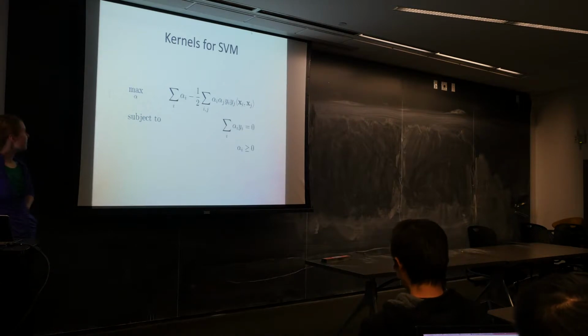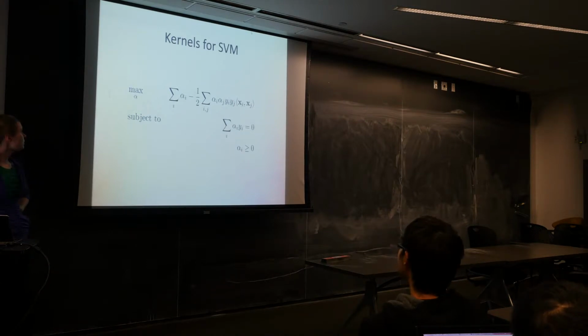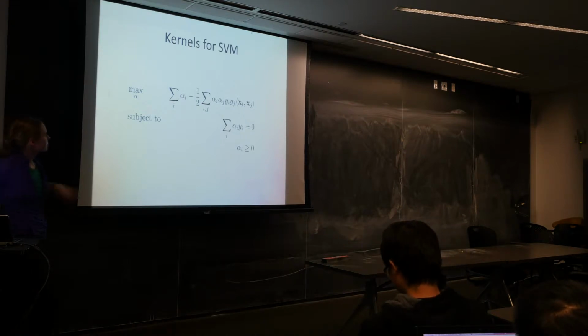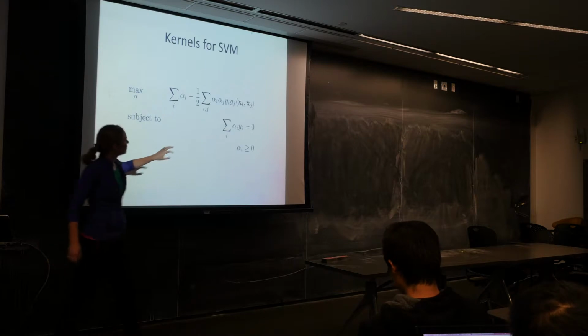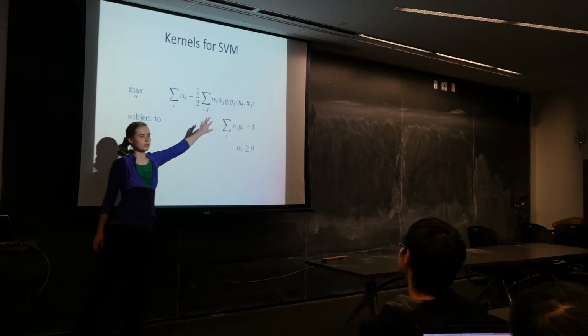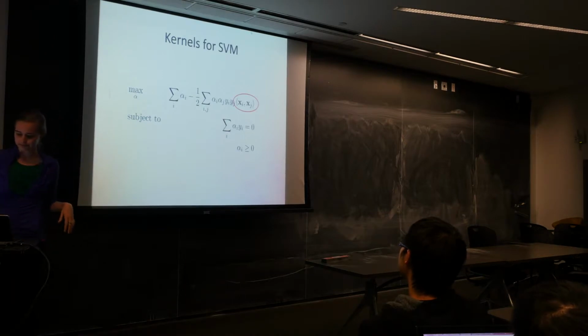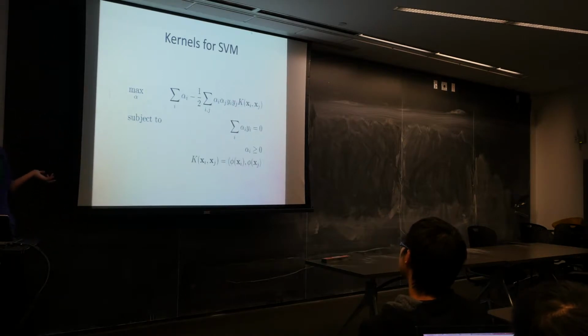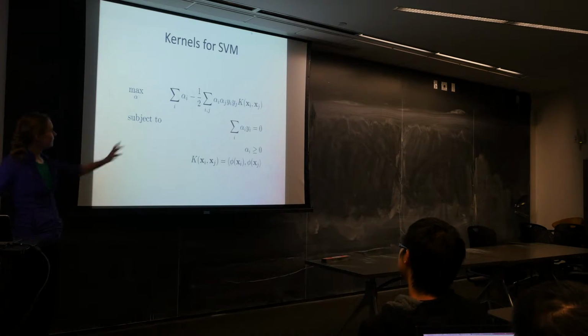Here we are back to the dual formulation of SVM. The important thing to notice here is that your points, your x's, appear only as dot products with each other. So just replace that with the kernel.